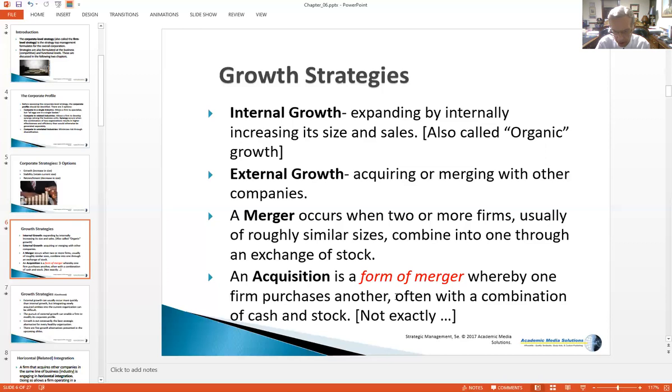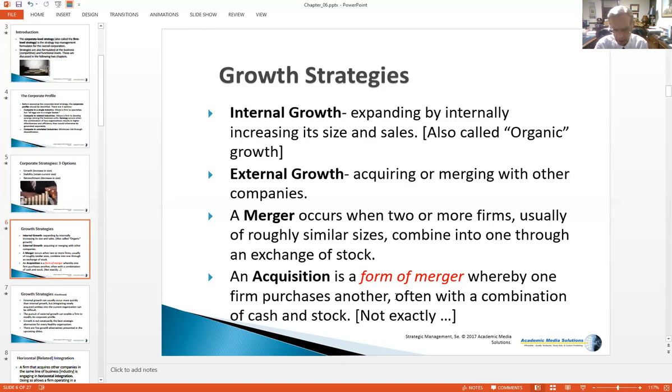So an acquisition simply takes place when a buyer, and it can even be an investment company that is another firm, but basically it's just money looking to be invested. An investment firm or private owners may buy the division of a large corporation, or they may in fact buy a small company.